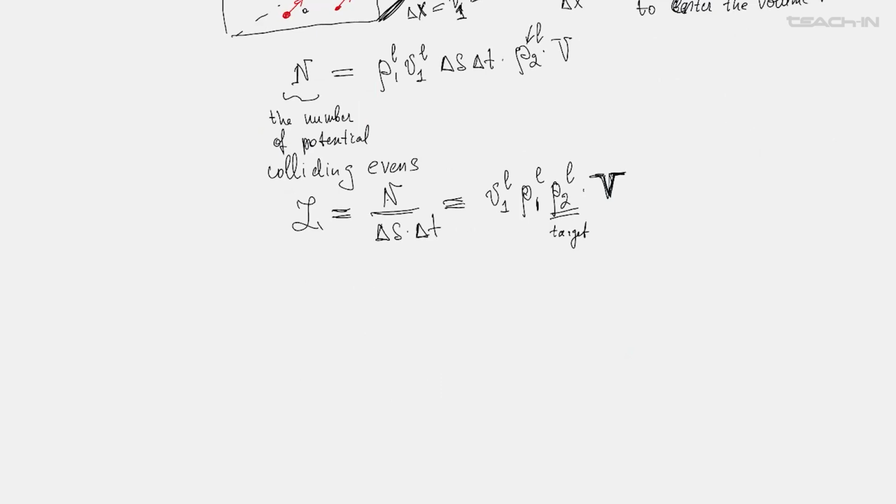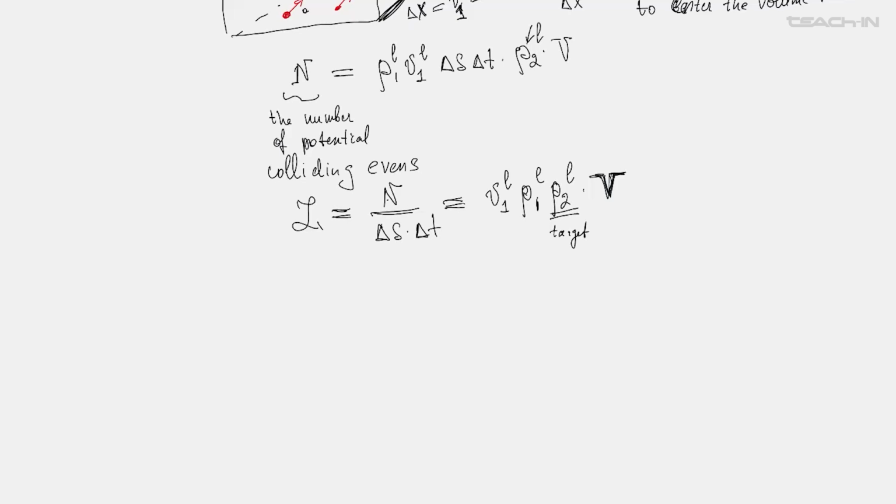And we therefore need somehow to find these quantities like V1, ρ1, and ρ2 in the laboratory frame, from the original quantities ρ1 and ρ2 and V1 of the particles in the original beams. So let's start from velocity V1 in the laboratory frame.